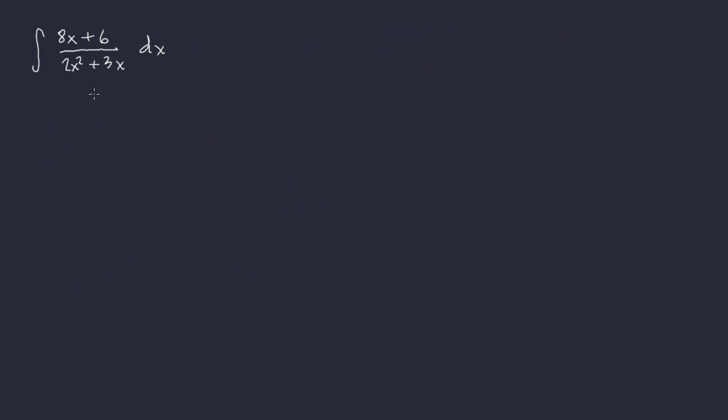All right, so for our next example, let's look at the integral of 8x plus 6 all over 2x squared plus 3x. And this is another one of those cases where I don't see the stuff automatically, and it's going to be where our denominator is the stuff, because this is 8x plus 6 times 2x squared plus 3x all to the -1.